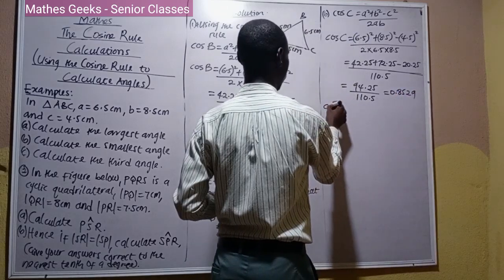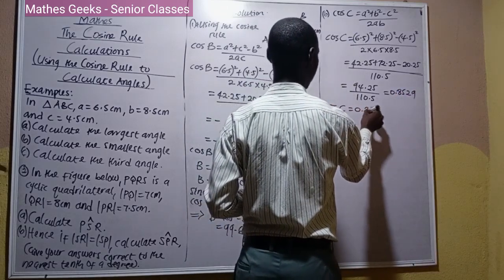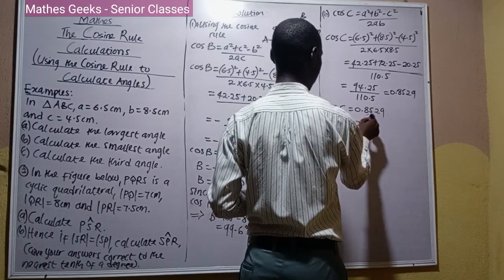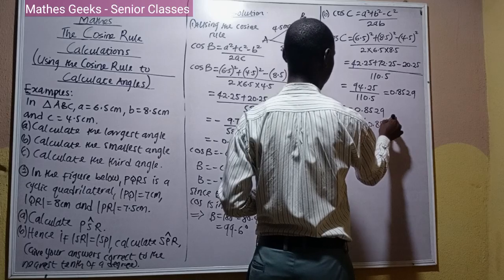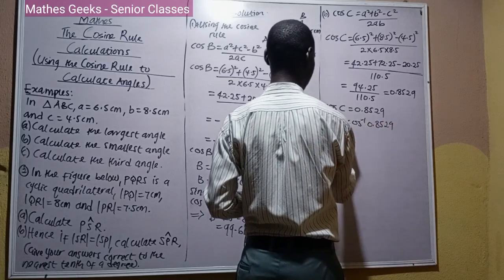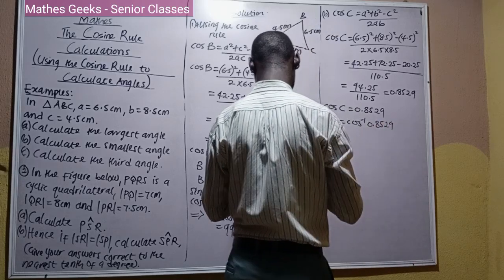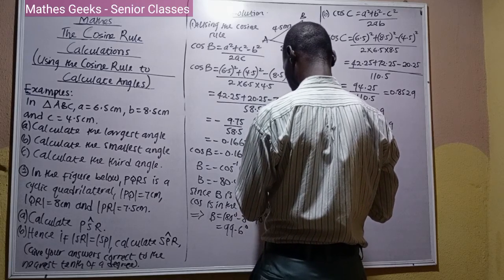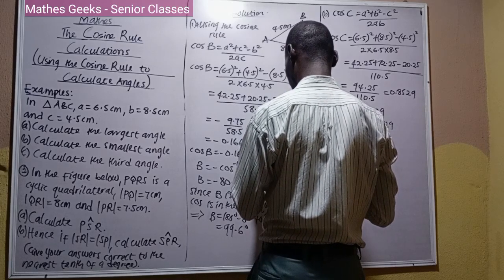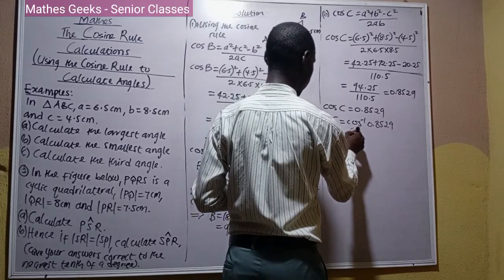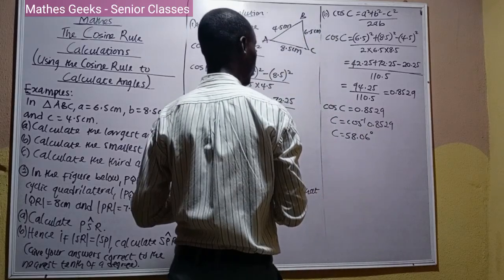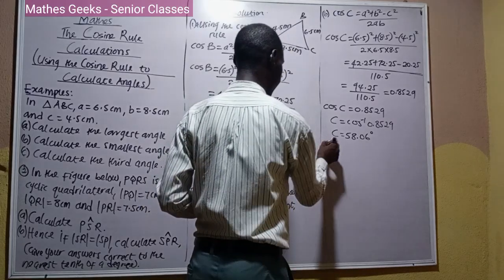So cos C is 0.8529. C is equal to arc cos 0.8529, and C is equal to 58.06 degrees.